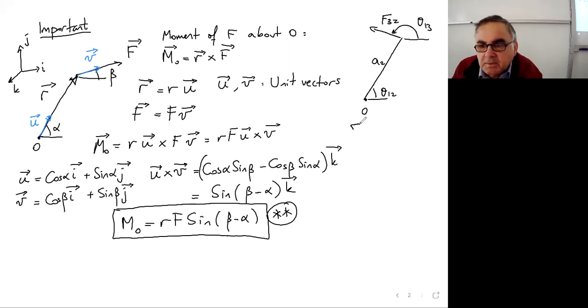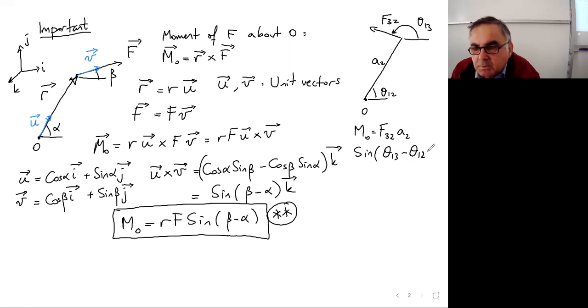So the moment MO of this force is equal to F32 times A2 times sine of theta 1,3 minus theta 1,2.